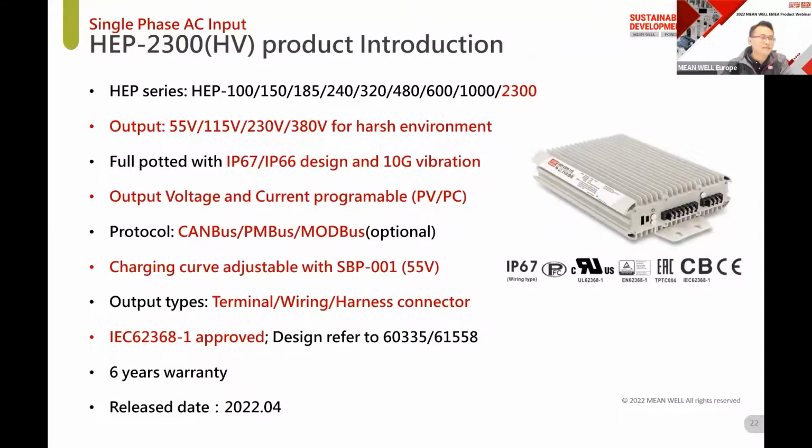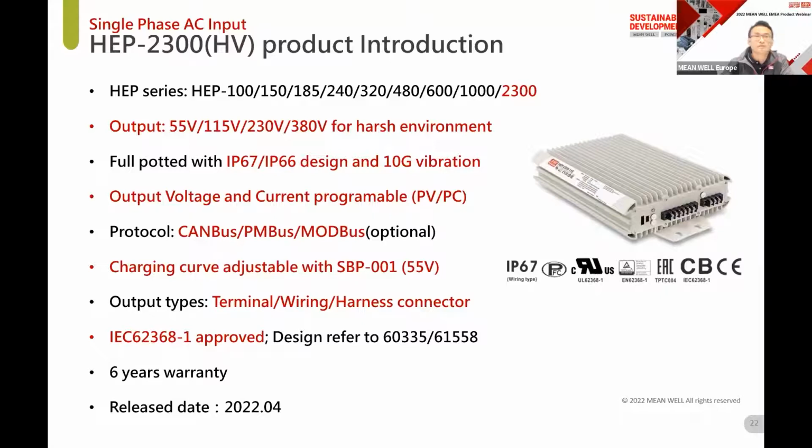The enclosure of the HEP 2300 is a fine-shaped design, and the inside body is fully potted. Regarding the wire type, from this photo, you can see the model is a terminal type. HEP also has a wire version with IP67 protection.